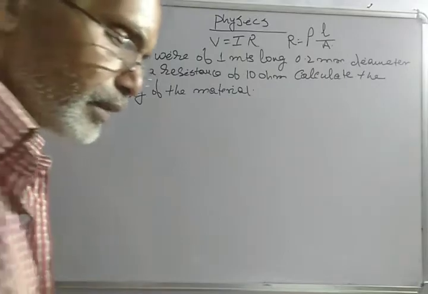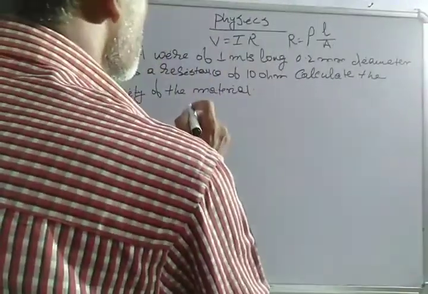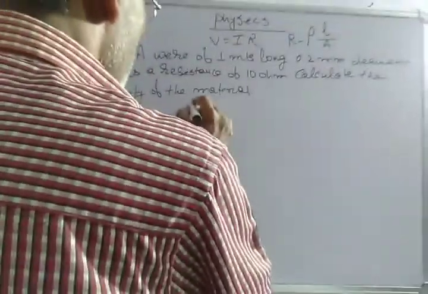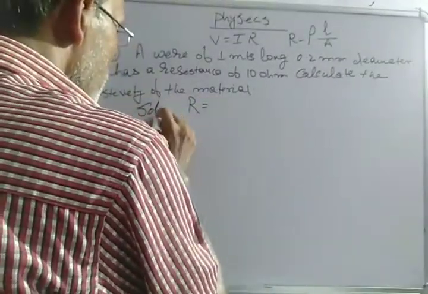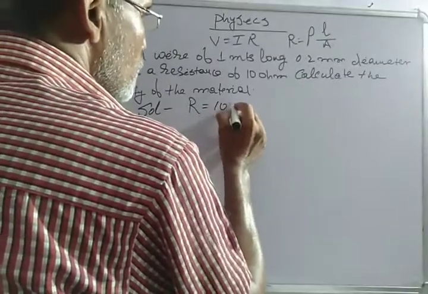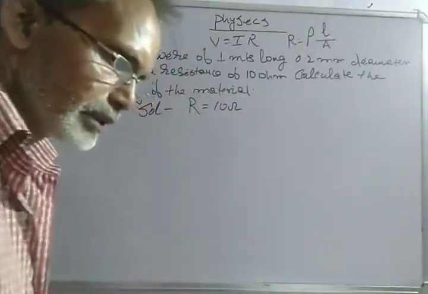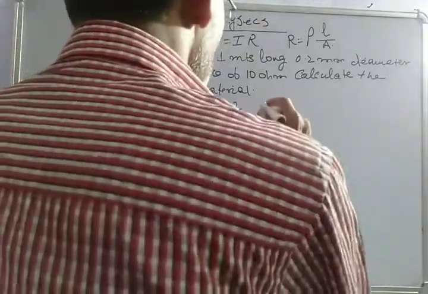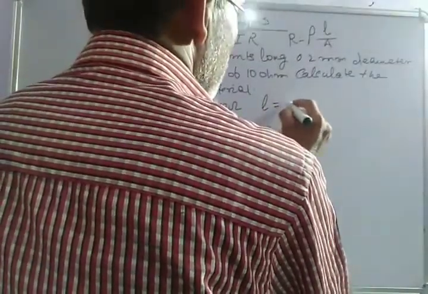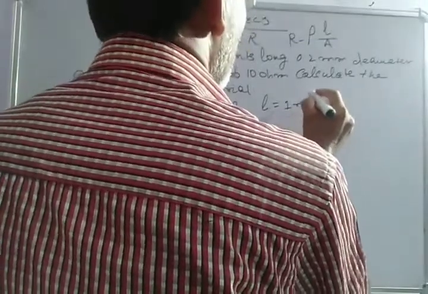So see here, what is given? Solution: resistance is equal to 10 ohm and length is equal to 1 meter.